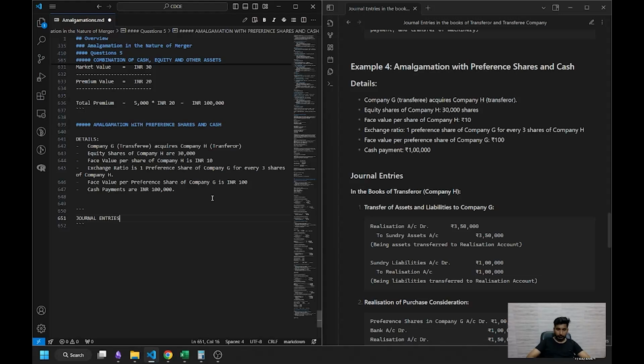Journal entries. We have been given the journal entries now.